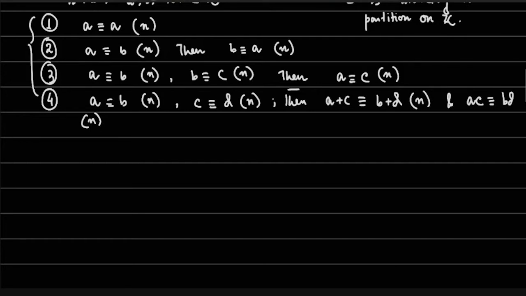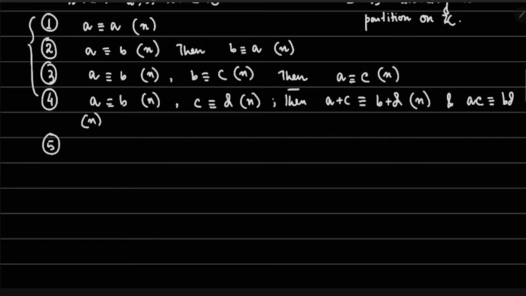So that's why some people write it as a equal to b mod n, but that is also an abuse of notation, as we discussed in the previous lecture maybe.